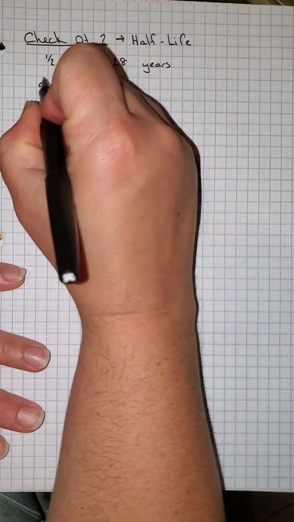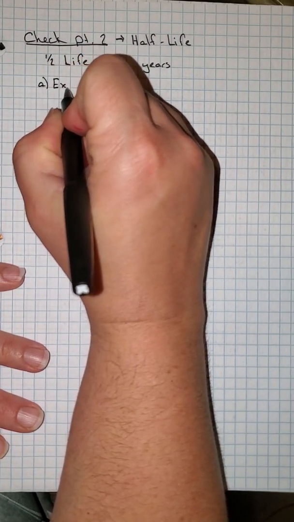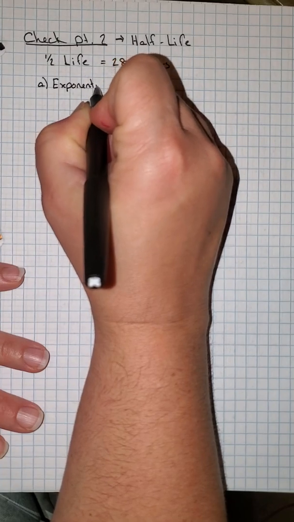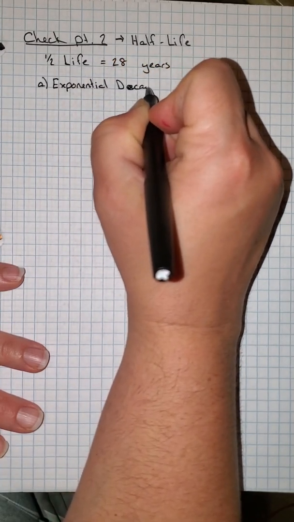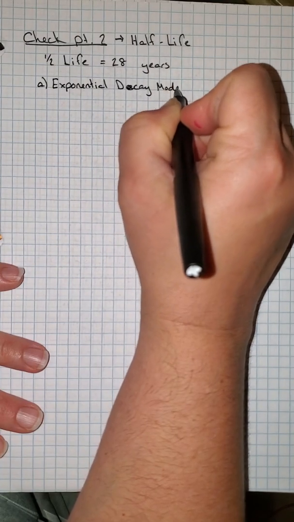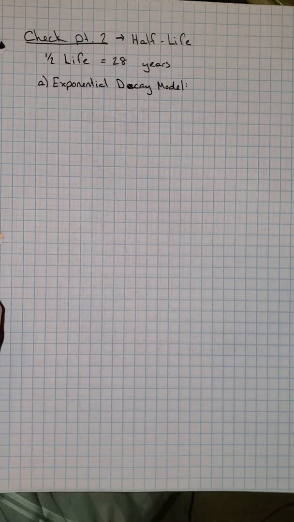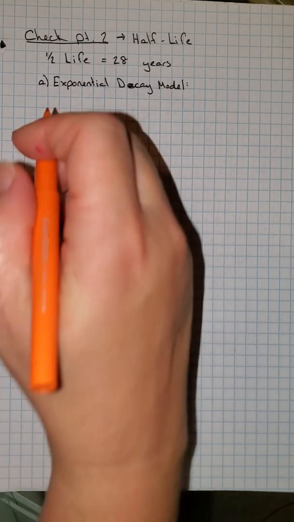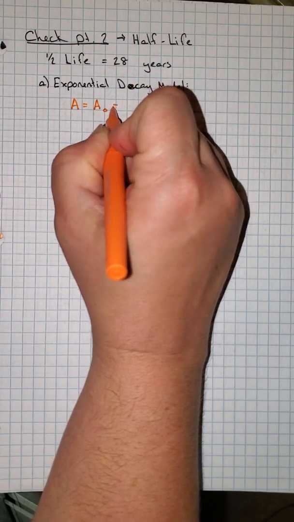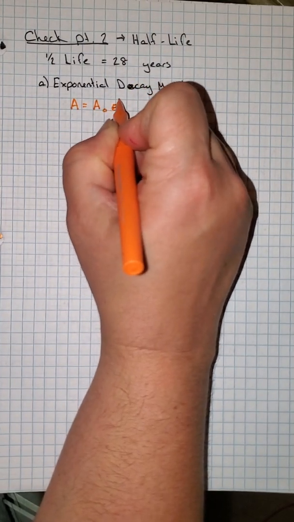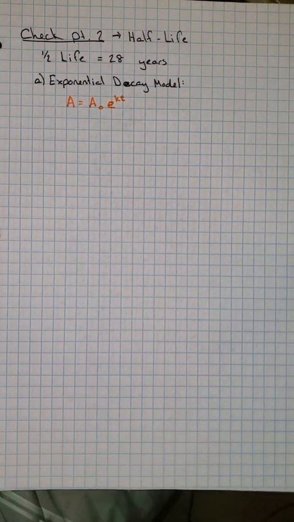Alright, so we're using the same thing we just used in checkpoint 1. We're using A equals A sub 0 e to the kt. Okay, now the A and the A sub 0 can be whatever you want them to be.